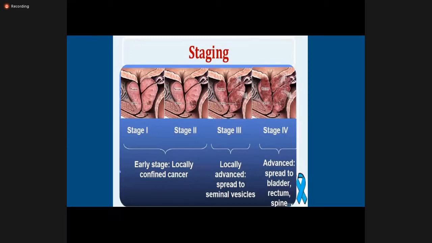Stage 1 and 2 are locally confined cancer, and stage 3 is locally advanced, spread to the surrounding structures like seminal vesicles. And stage 4 is advanced, spread to the bladder, rectum, and spine.